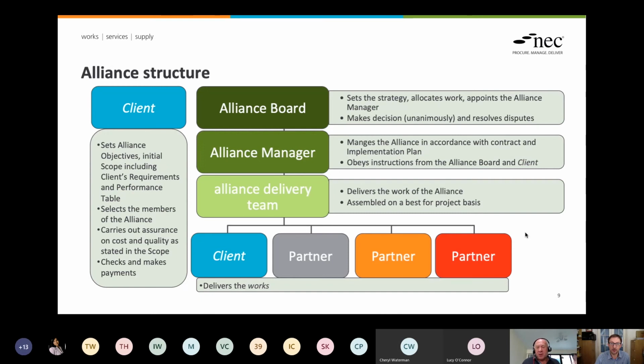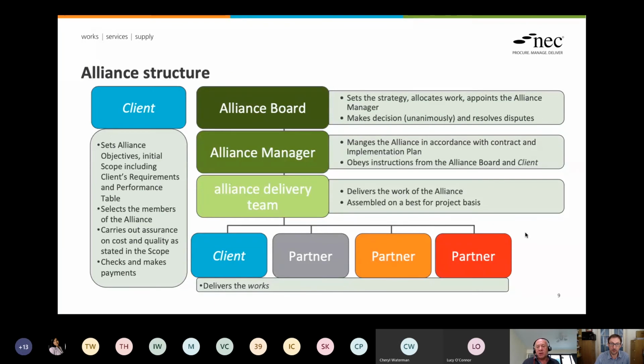That'd be quite nice. But where I thought you were going is that the partner bottom right in red might be a 5% player by cost or value, yet they've got an equal vote in the board. So it's not a vote by percentage of stake in the project. It's a vote per board member.